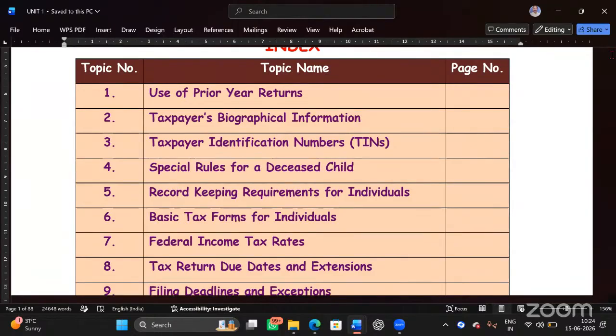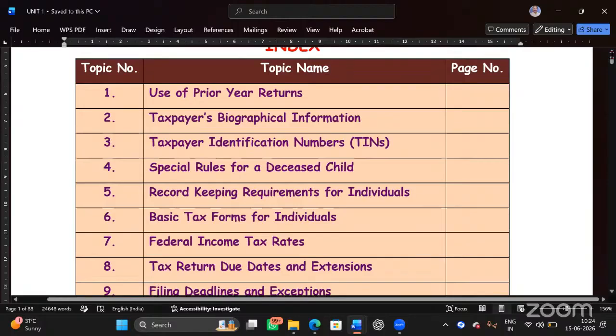Second one, taxpayers biographical information. What is the first name, second one, last name, social security number, date of birth, what is the address of the taxpayer, how many dependents on the taxpayer, whether that person is a citizen of America or any outside country.